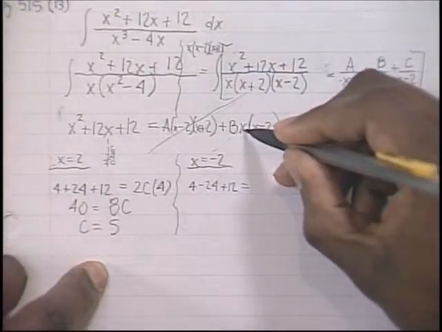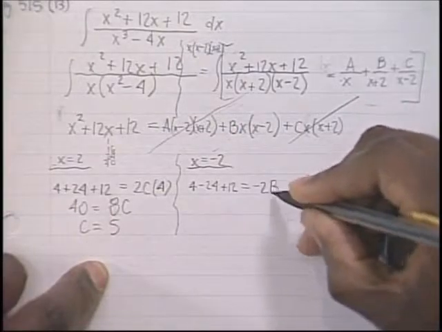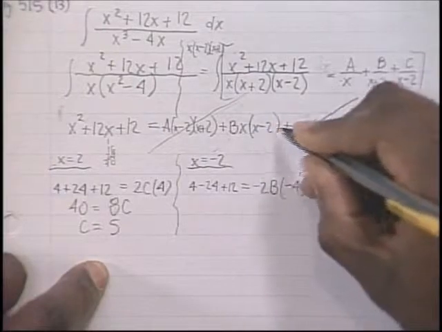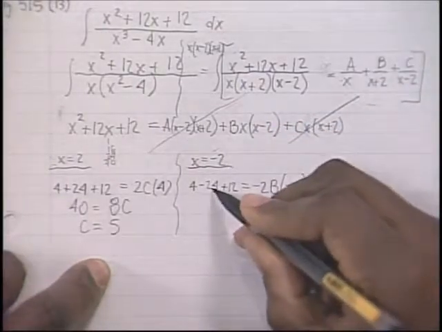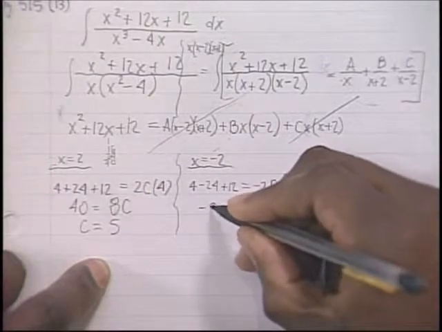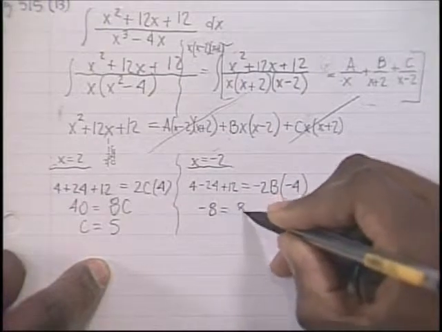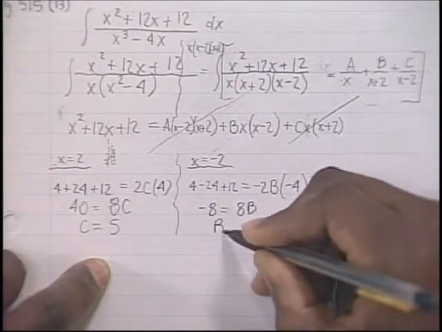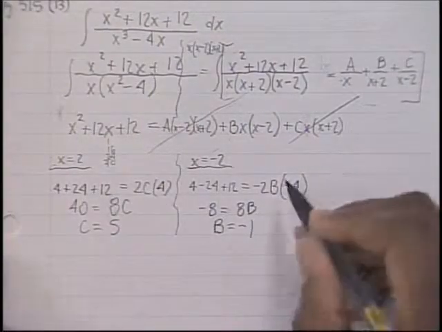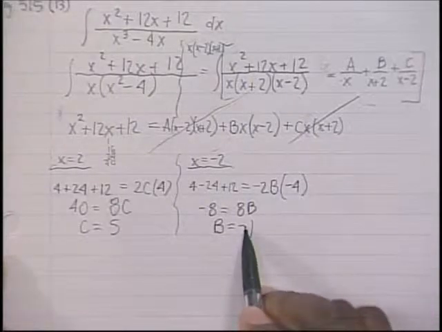But let's put in a -2 right there. You put in -2B times -4. You get -20 plus 12, which is -8, is equal to 8B. So B is -1. Now you know C is 5 and B is -1.